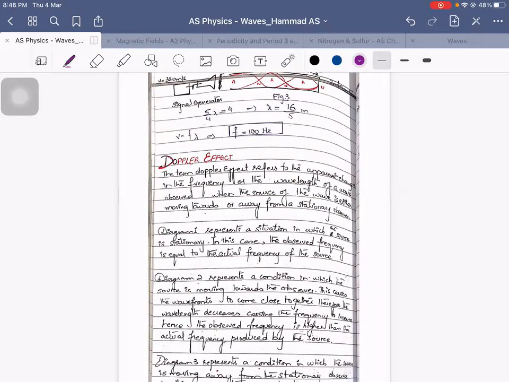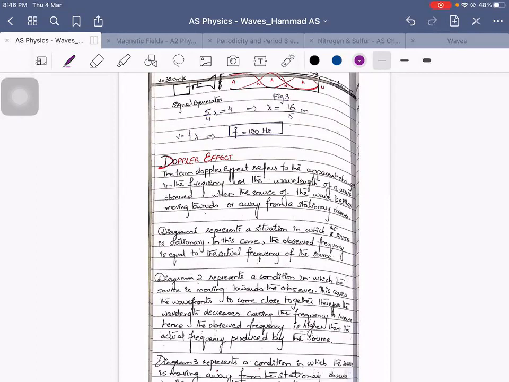And as soon as it crosses you, you will hear its voice diminishing. You are the observer, and from your respect, this sound value is changing.